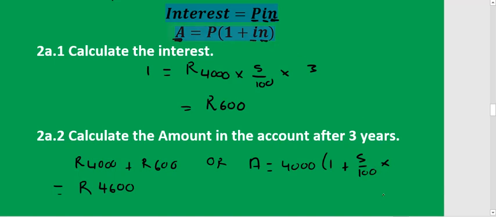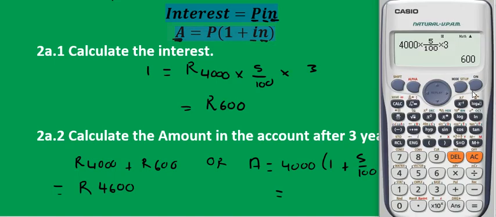And the number of years is 3 years. So if you calculate that out using your calculator, you have 4,000, 1 plus 5%. I'm just plugging in whatever's given in the formula.